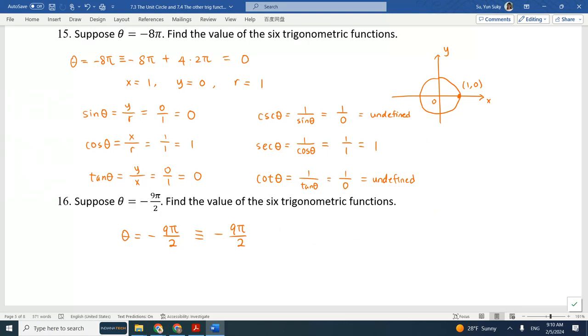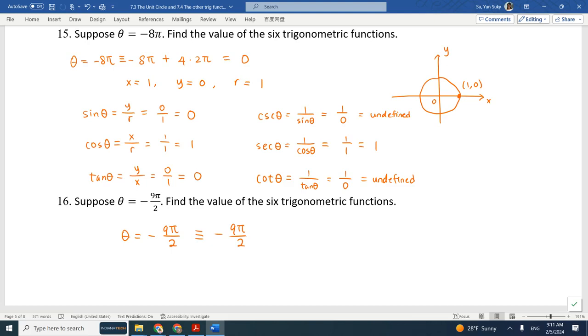That is like 8 pi over 2, right? When you add 8 pi over 2, what do you get? Negative pi over 2. Is it between 0 to 2 pi? No. So not enough. So we need to add 3 copies of 2 pi. Is that okay, everybody?